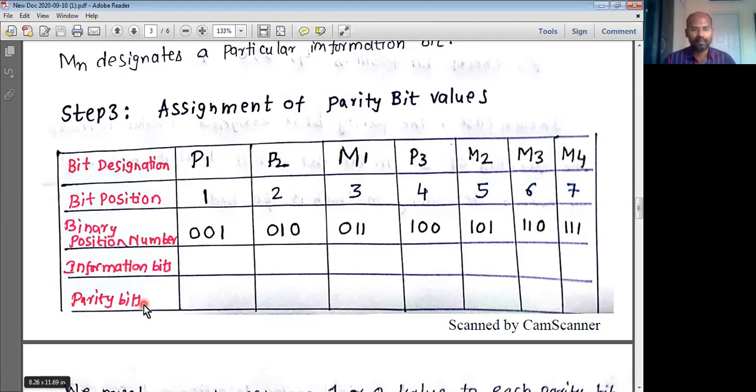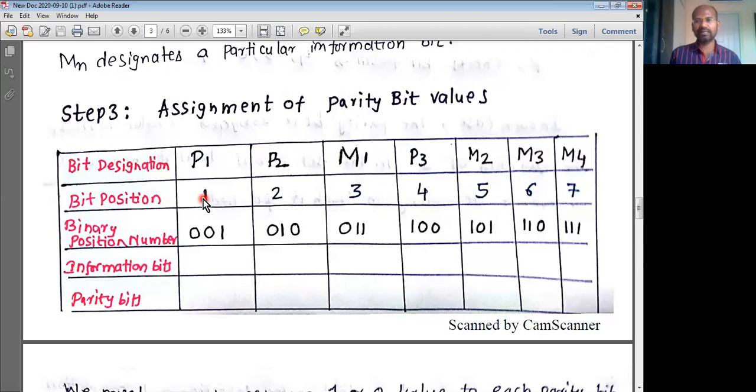Okay, so this table is divided into 5 rows. The first row is bit designation. What is it? P1, P2, M1, P3, M2, M3, M4. Just now we said these things, right? Bit position means whether it is the first bit or the second bit, like that.